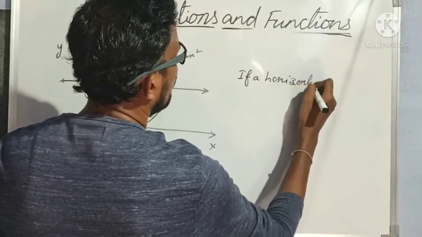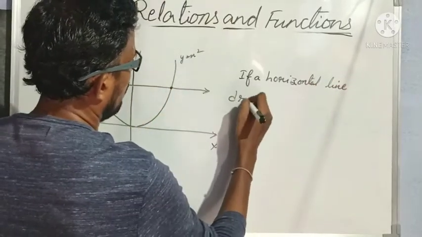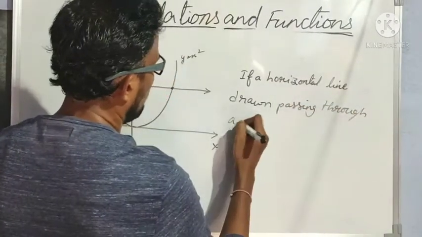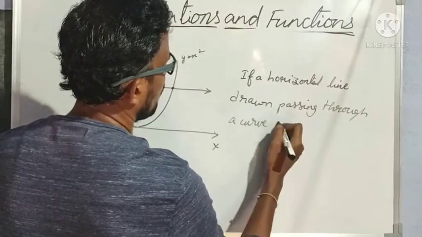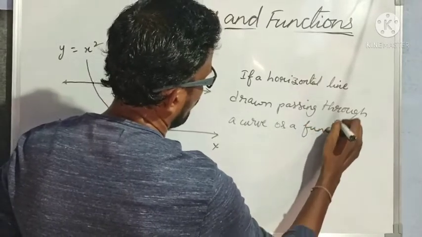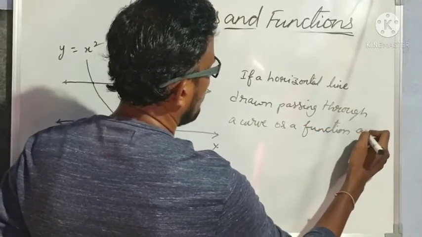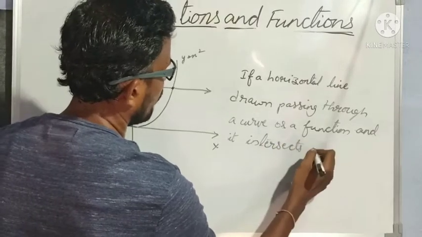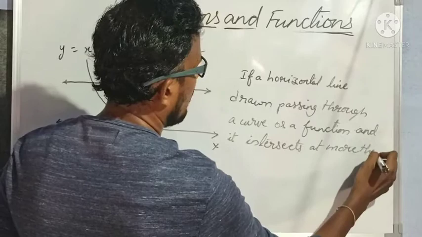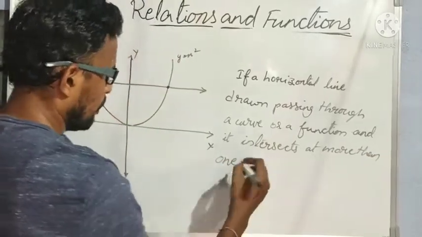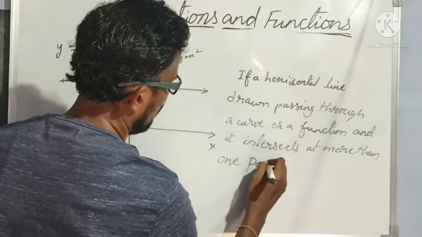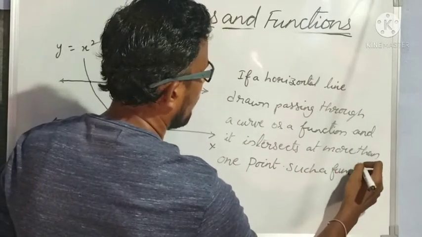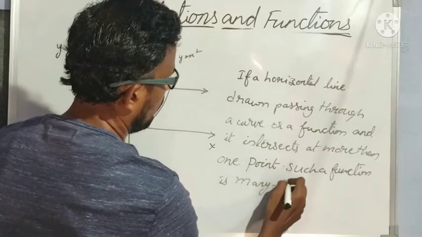If a horizontal line drawn passing through a curve or a function intersects it at more than one point, such a function is a many one function.